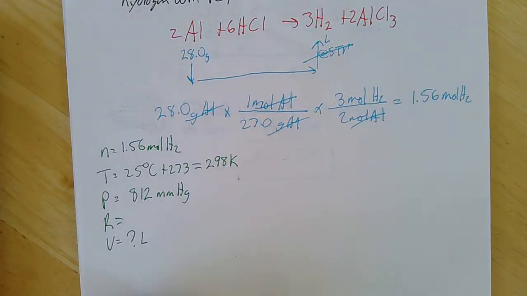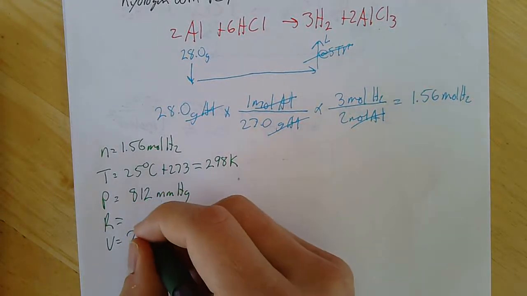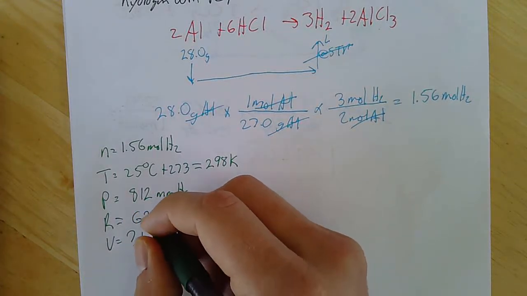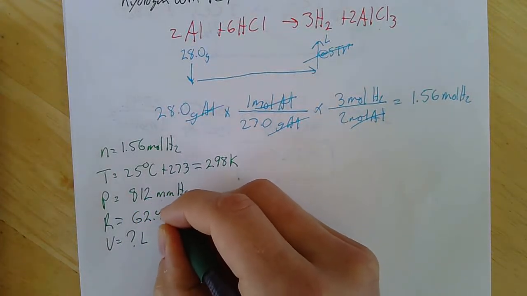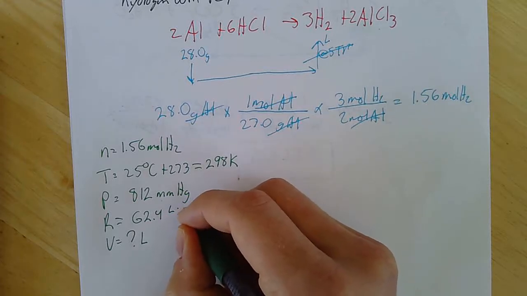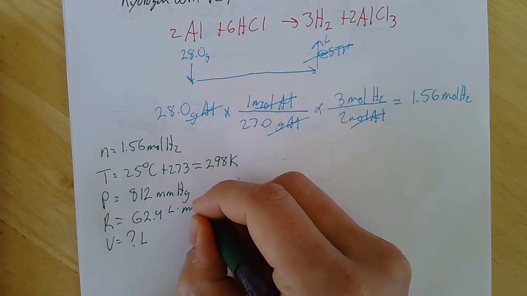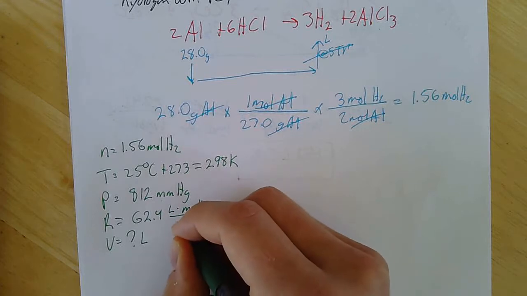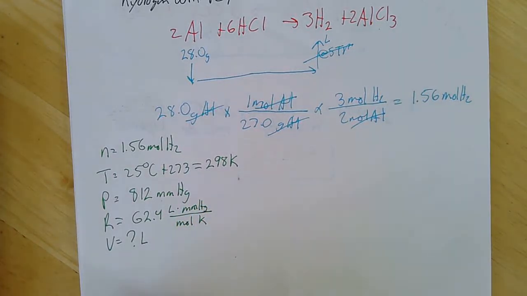Knowing it's millimeters of mercury, we're going to use a different number: 62.4, in liters times millimeters mercury over moles. So we have everything right there.